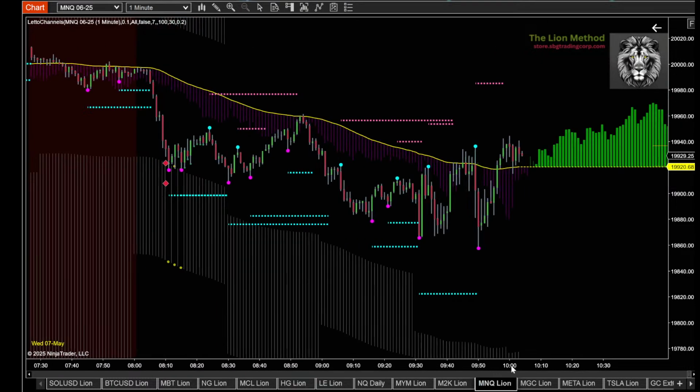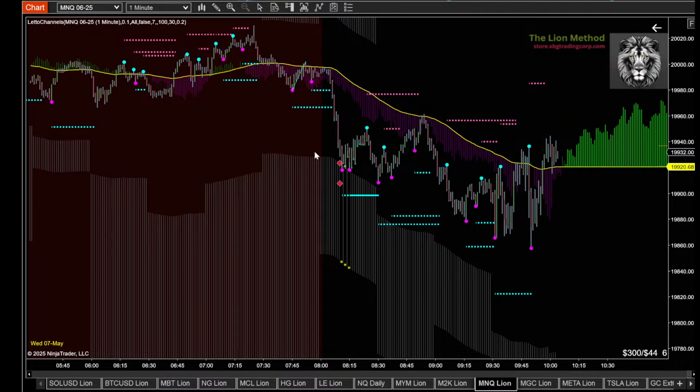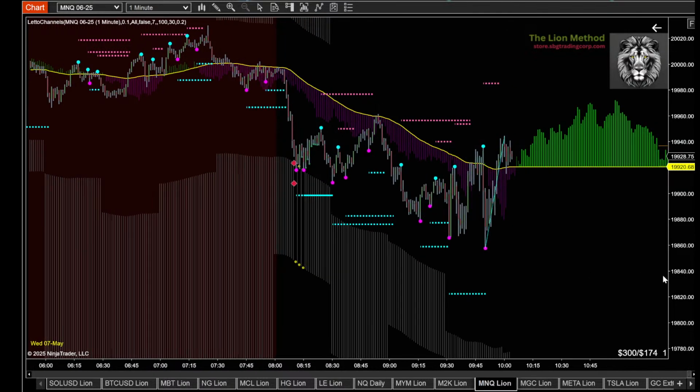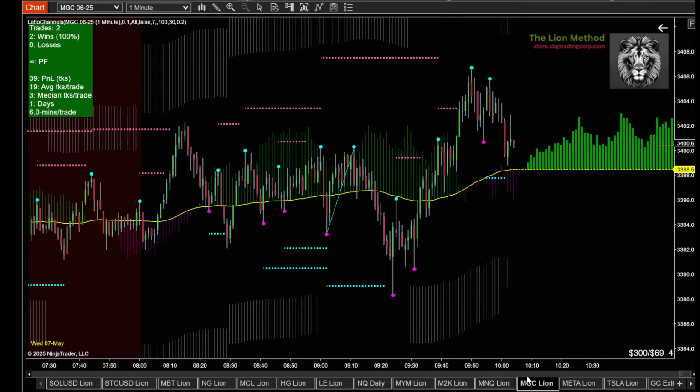Okay, that's better. So the red background is before 8 o'clock, right? See, 8 o'clock. Now, Auto Summarize P&L is also drawing my little date time, my date stamp, which I like.